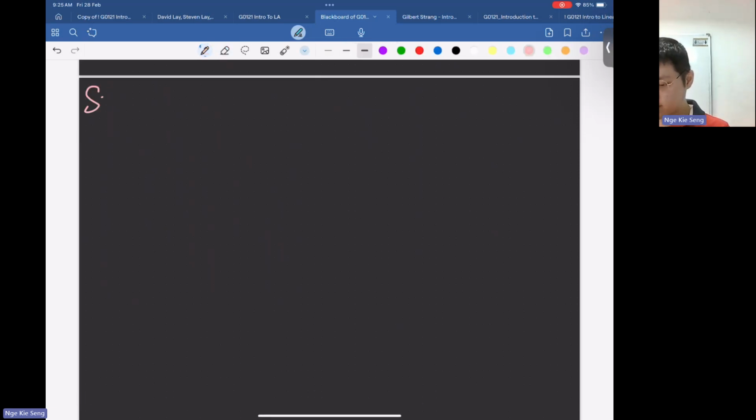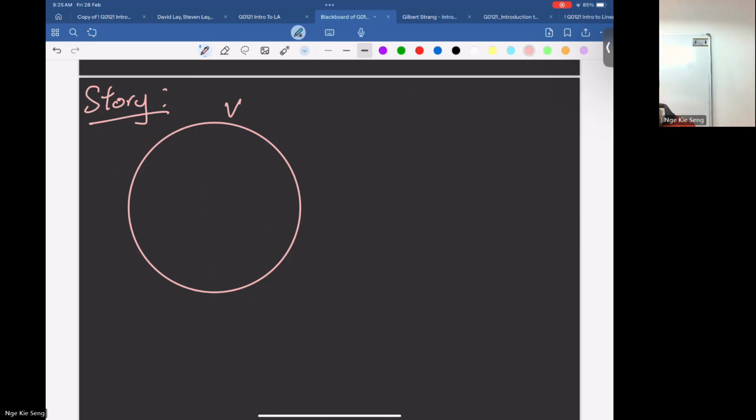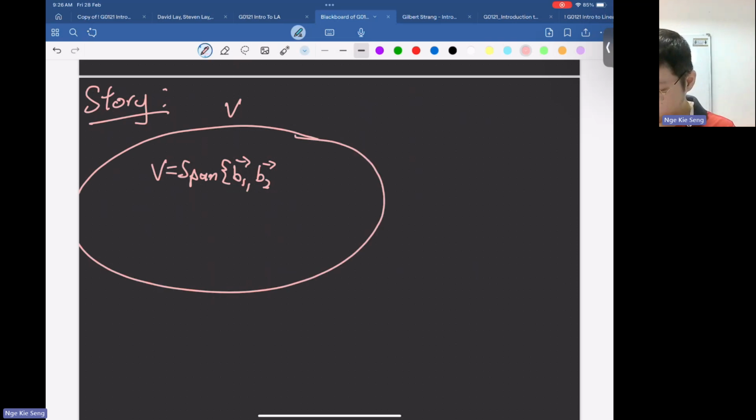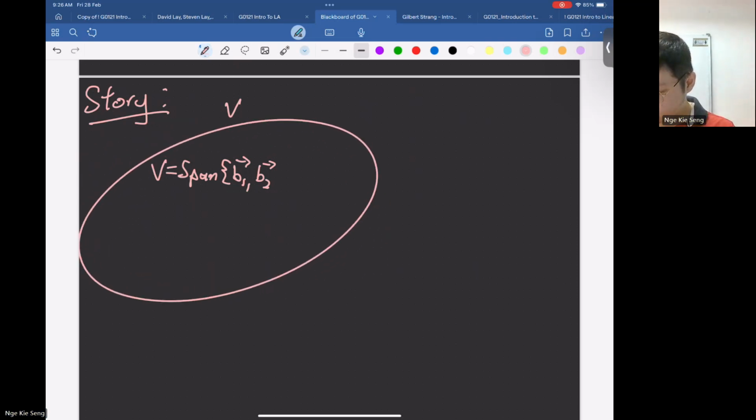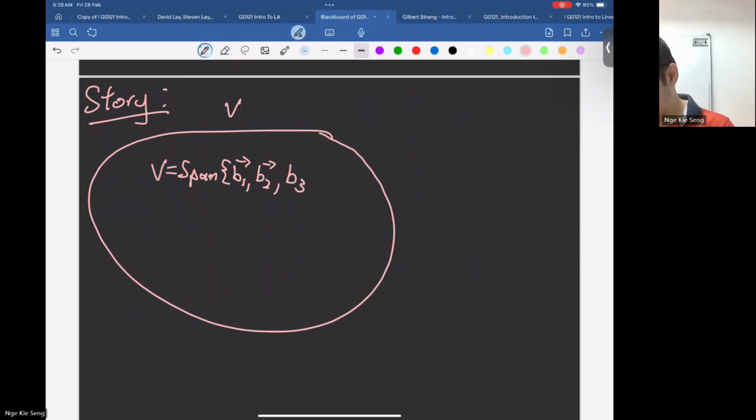All right, let's tell the story that we had last time. First of all, we start with a vector space V. We know that this V is a linear combination of a bunch of vectors, maybe infinitely many. Let's draw the picture. Say the dimension of V is some finite n.